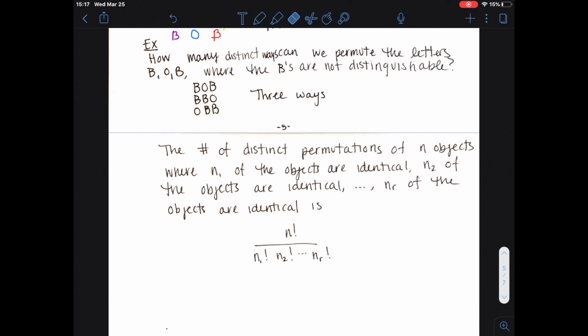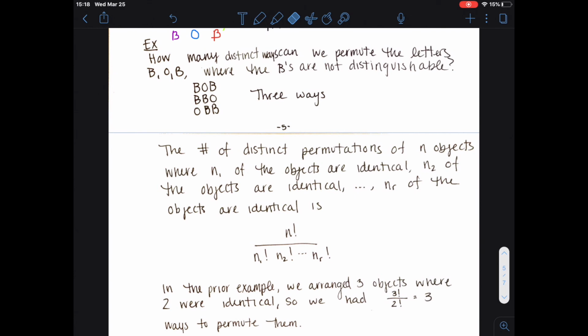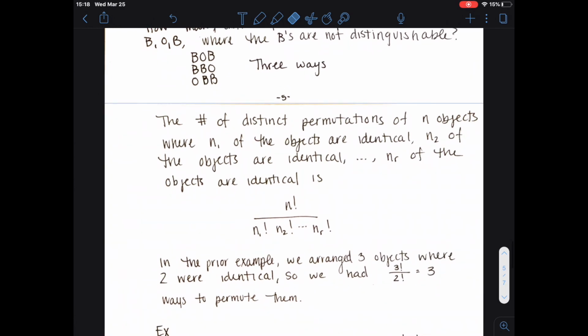If a different set has 3 that are the same, I'm also going to divide out by 3 factorial. So if you think of this prior example, we arranged 3 objects where 2 are identical. So you divide by 2 factorial, which simplifies to 3. So you still get the same result. Okay?